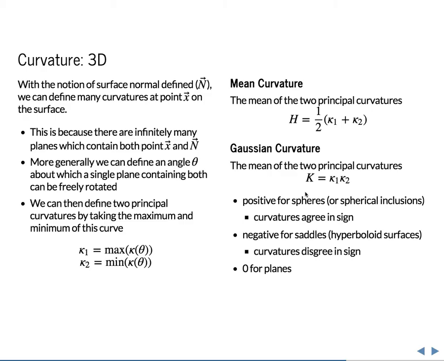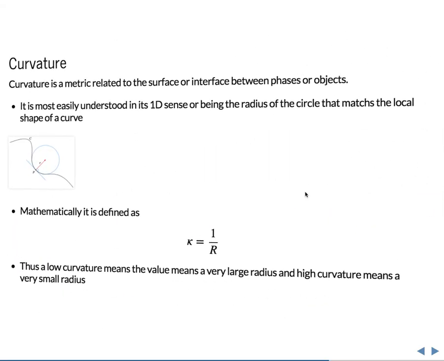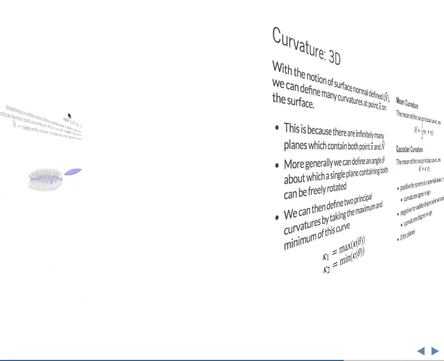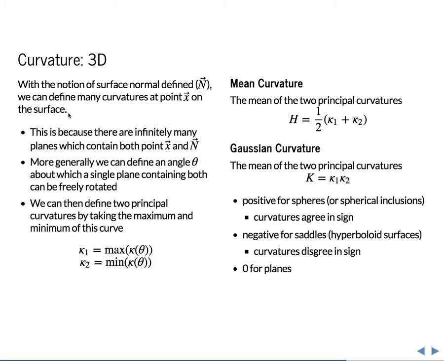So in 3D, this is, of course, a little bit harder to define. If we go back to the circle idea along a curve, that's what we did in 2D. In 3D, we have a more difficult task because there are curvatures in both directions.